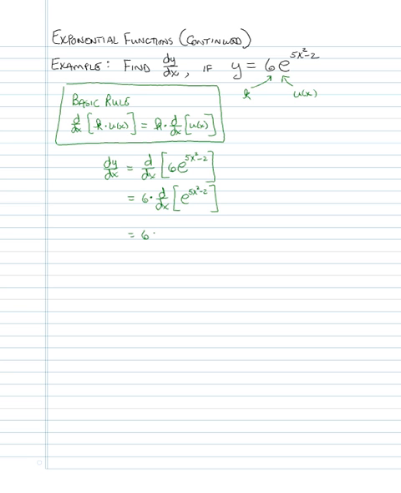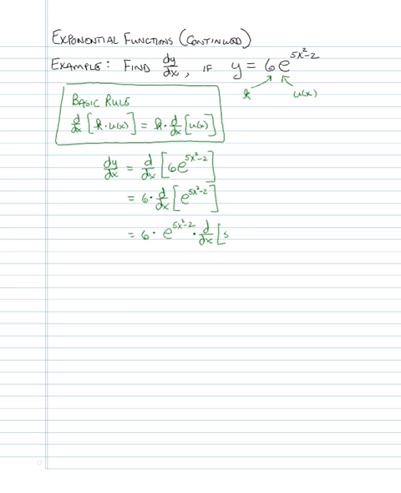And the power in this case on the e is not x alone, and so we have to use the chain rule. Remember what we do when we have the derivative of an exponential function. It's the exponential function, that is, e to exactly the same power, but then we have to multiply with the derivative of that power.